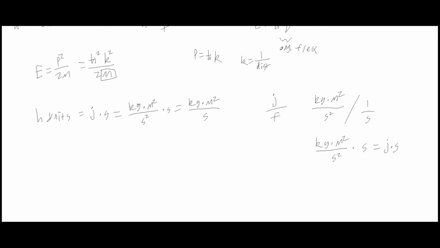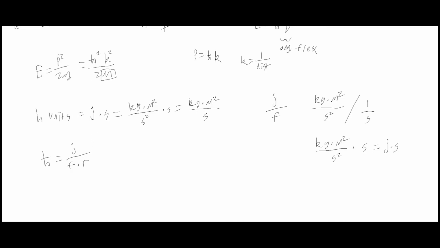So that's where that weird joule times seconds comes from in the units on Planck's constant. But if we have the modified Planck's constant, then what we have essentially is joules over frequency in radians.